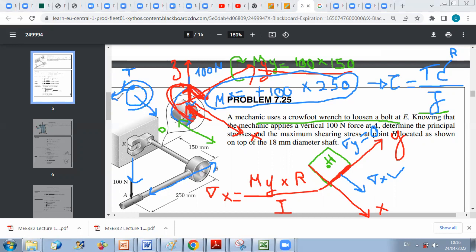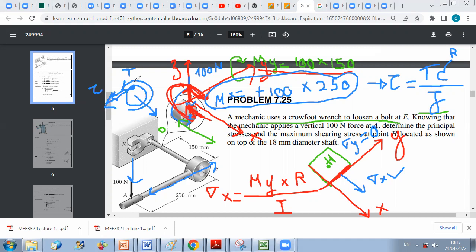So if I want to represent the corresponding shear, I have the following direction as depicted in the figure. This is tau, created for this side.